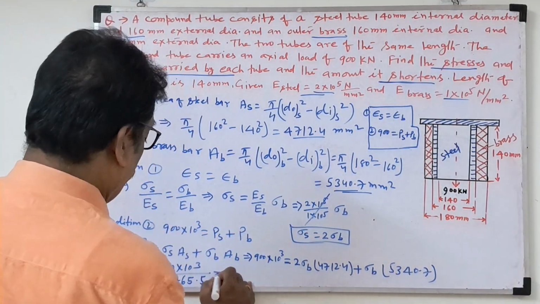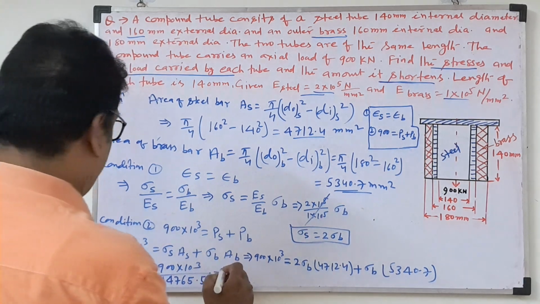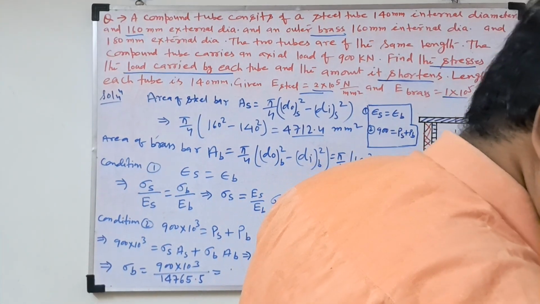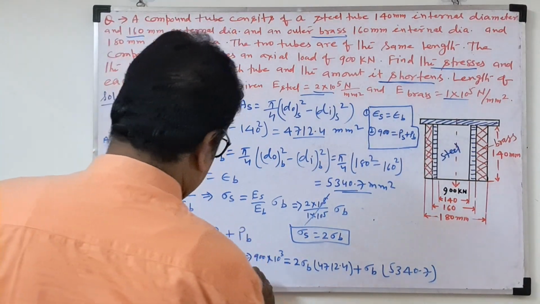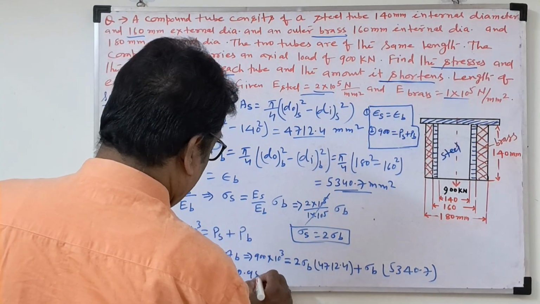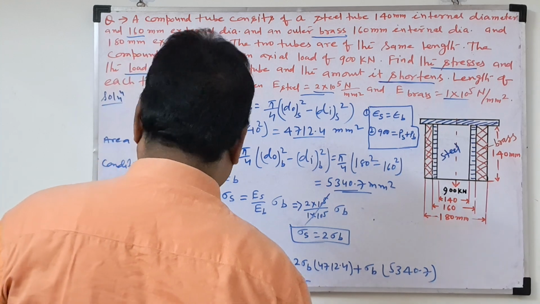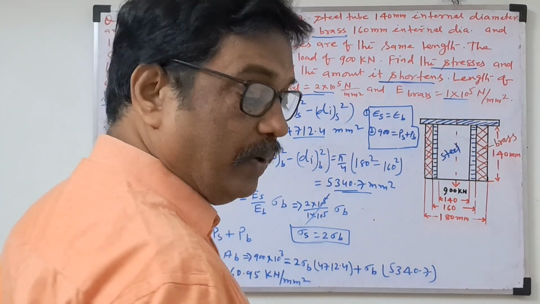This way we get the stress of the brass, 60.95 kilonewton per mm square, because the stress unit is kilonewton per mm square.